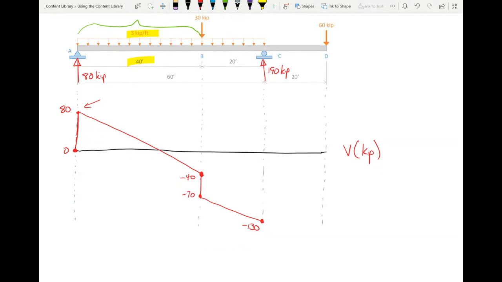Now what do I do? I'm at negative 130. What does the beam tell me to do? Up 190. And up 190 to where? If I'm at negative 130, there you go, 60. So that's going to put me at 60. Now, what does the shear diagram look like from C to D?